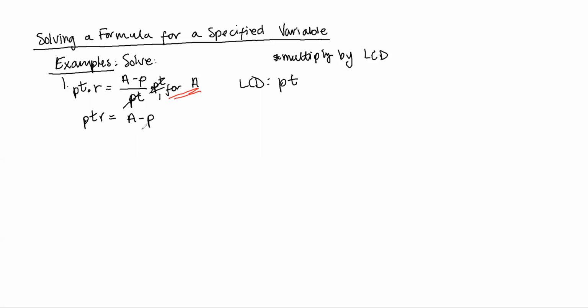We want to go ahead and just add this P to both sides. And PTR and P are not like terms because this first term has a T and an R. This one does not. So we're just going to put PTR plus P equals A. And your solutions here are going to look ugly, but this is exactly right.